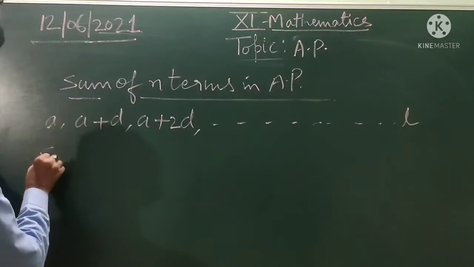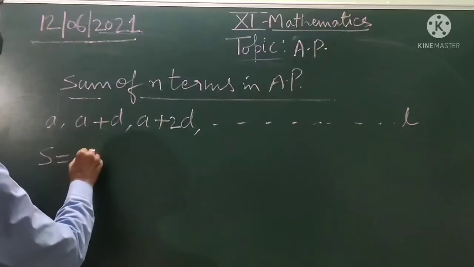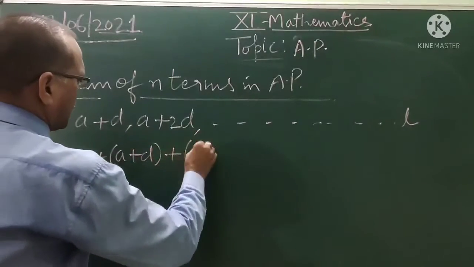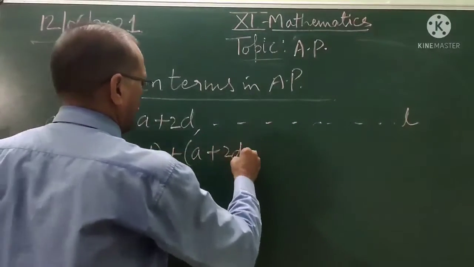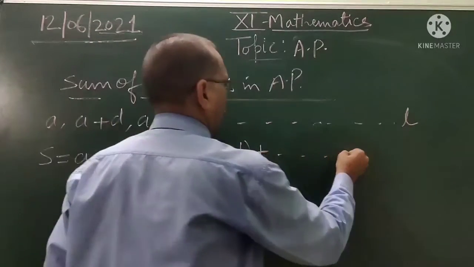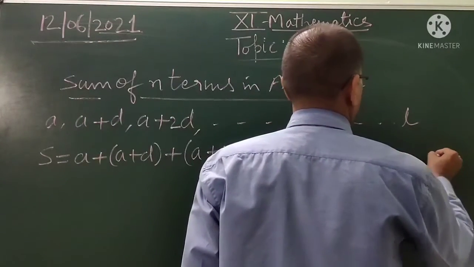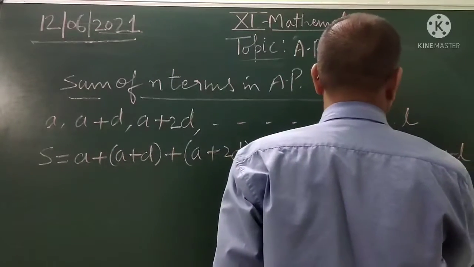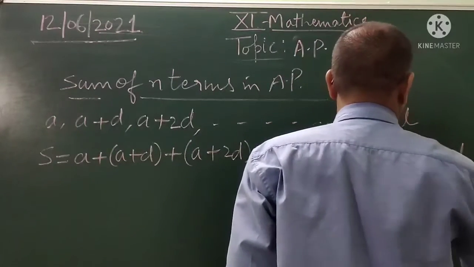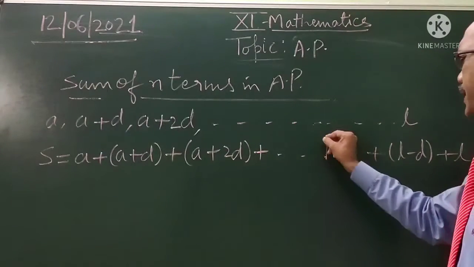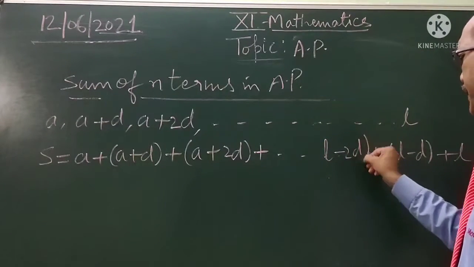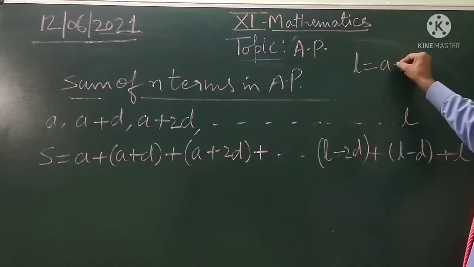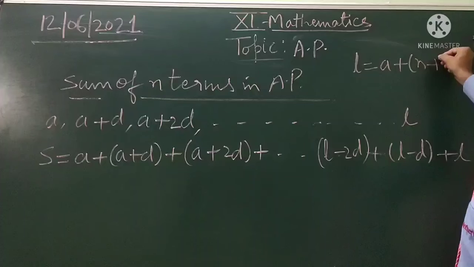Let this sum be S. So S equal to a plus (a plus d) plus (a plus 2d) plus and so on, and the last term is L. Second last term is L minus d, and the third last term is L minus 2d. Student, you know the value of L equal to a plus (n minus 1) into d.